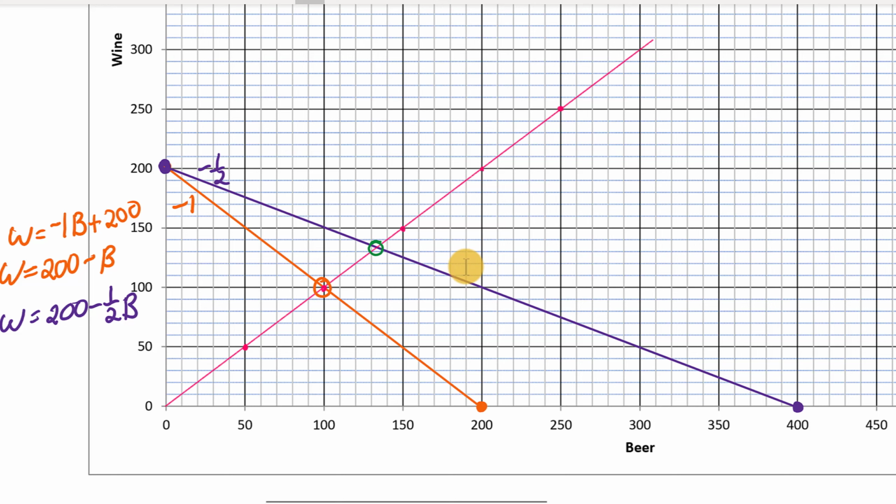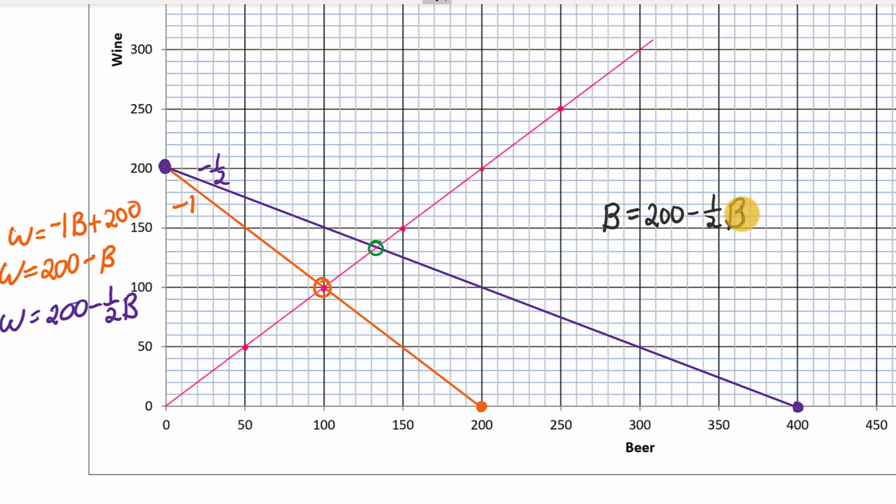Now, how do we know that? Well, let's just take 1 minute aside here to come up with the algebraic solution. Remember that equation of the United States' production possibilities curve or line here, we had the amount of wine equals 200 minus 1/2 the amount of beer. If we want the amount of wine in the solution to be equal to the amount of beer, then we can just make the substitution.